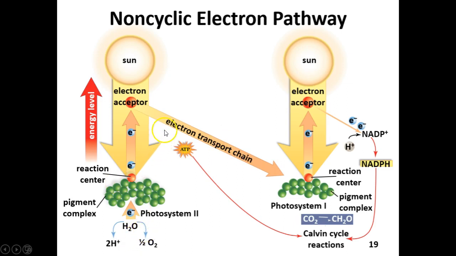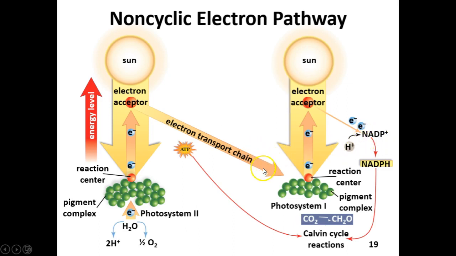The hydrogen ions are going to be passed across this membrane. We're going to have a high energy gradient of hydrogen ions on one side, and they're going to be able to flow through the ATP synthase molecule to get back. When they do that, they're going to attach to this NADP molecule.